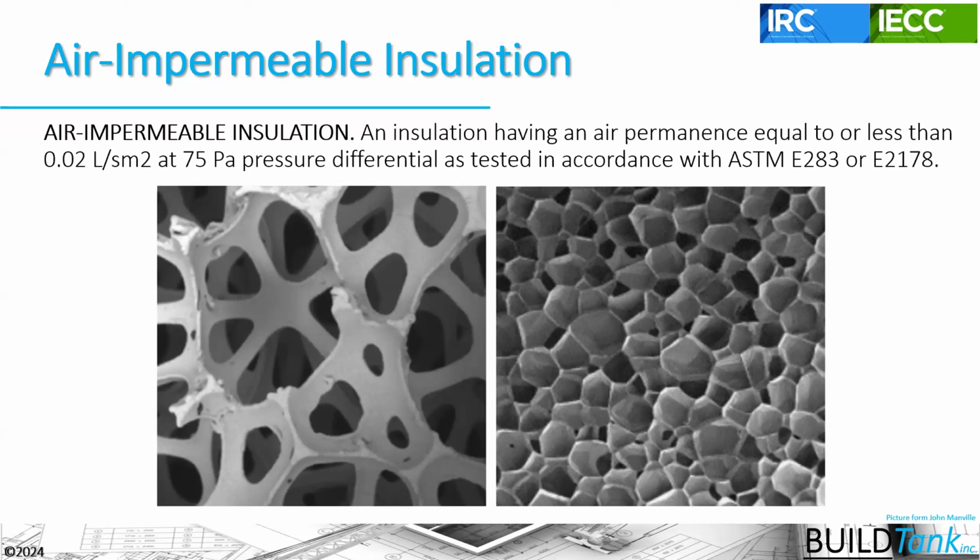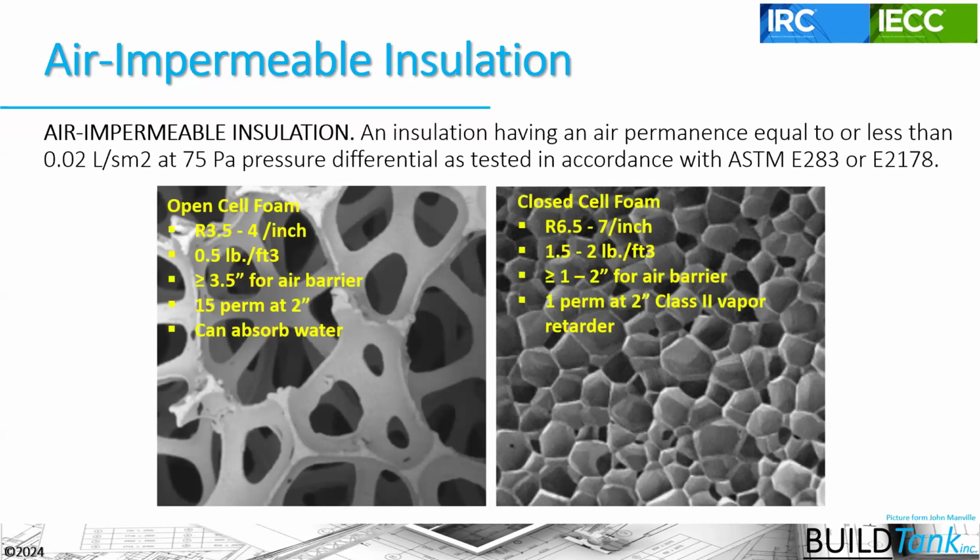With open cell foam, you can see that the chamber is broken apart more, and it traps a pocket of air, but it doesn't do it to the same degree as the closed cell foam. And that's why an open cell foam has a lower R value per inch than a closed cell foam. Why its density is less.